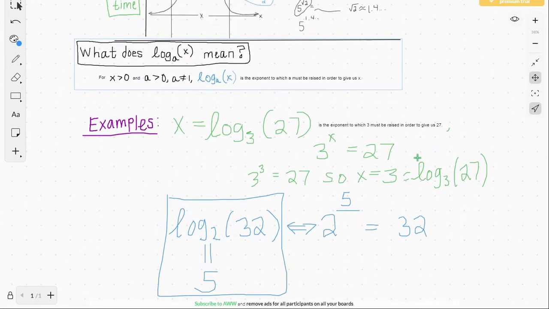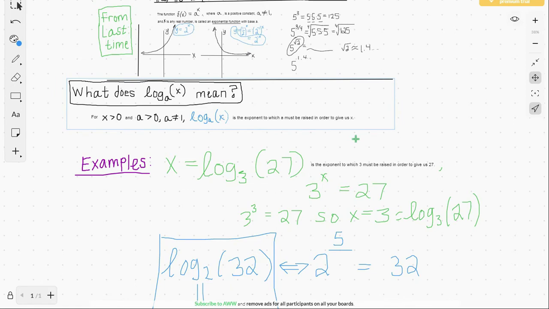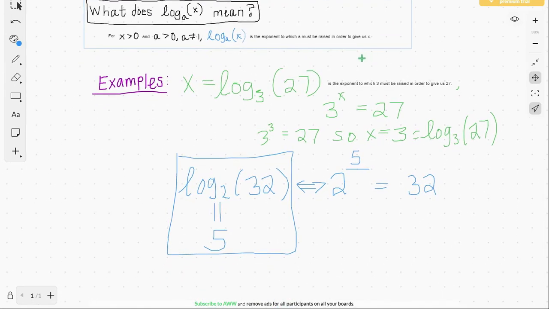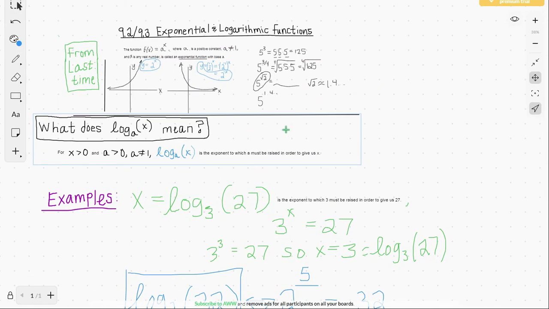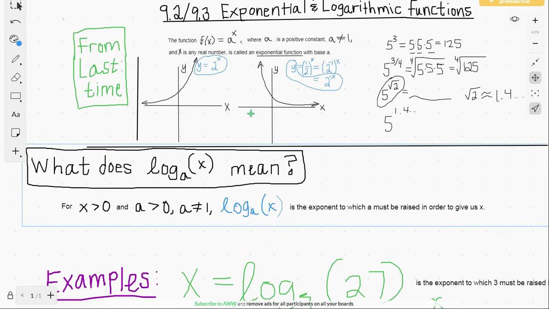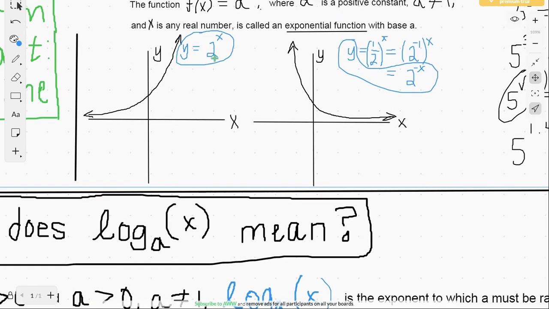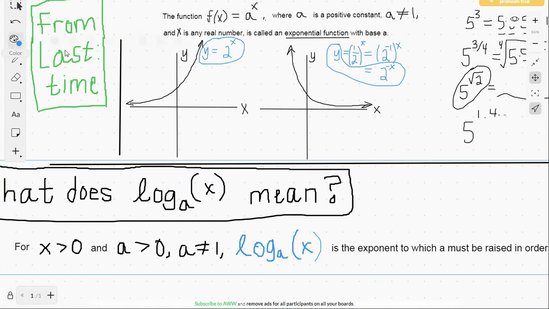So the proper way to understand logarithmic functions is really just to put them in terms of exponential functions. That's the nice, easy way to make sense of them. Earlier I said that exponential functions and logarithmic functions are inverse to one another. So what I want to do is take the time to plot the inverse function of 2 to the x.